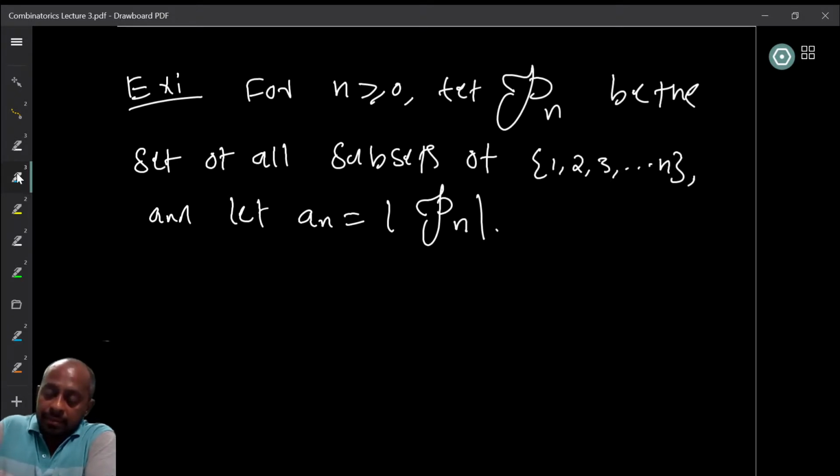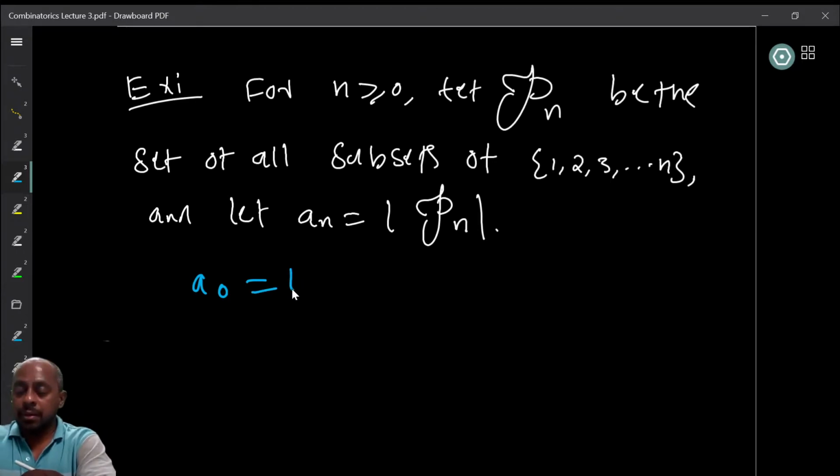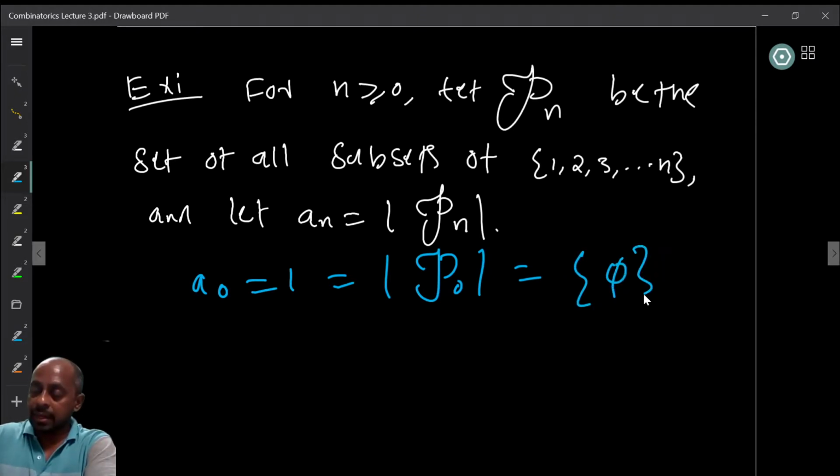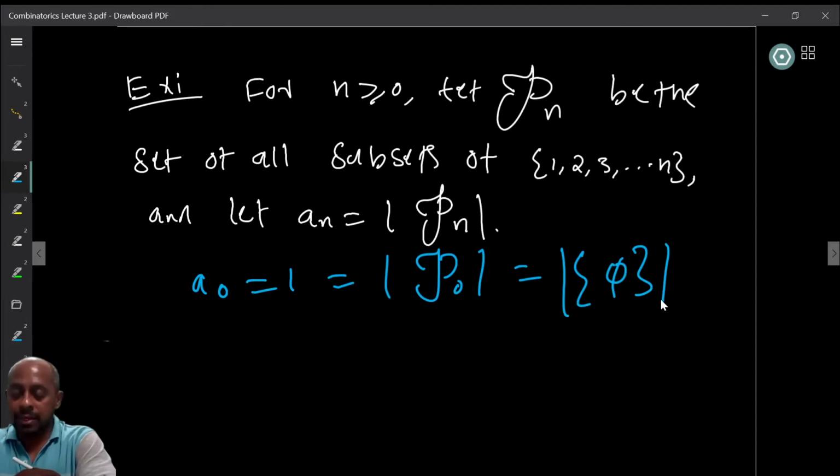We observe that a_0 is equal to 1, because a_0 is the cardinality of P_0, and P_0 is the set of all subsets of the empty set, which is the set containing the empty set. Because it is a singleton, its cardinality is exactly 1. So a_0 is 1, and we get an initial condition.